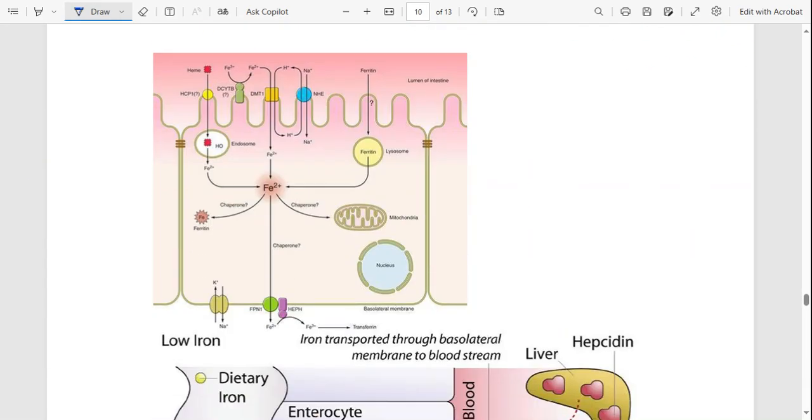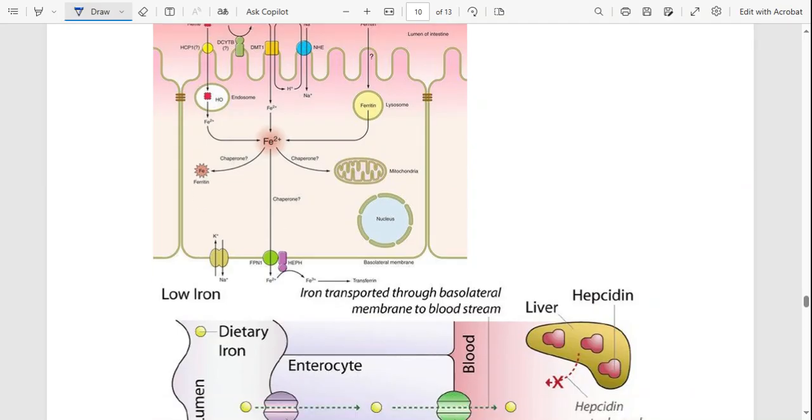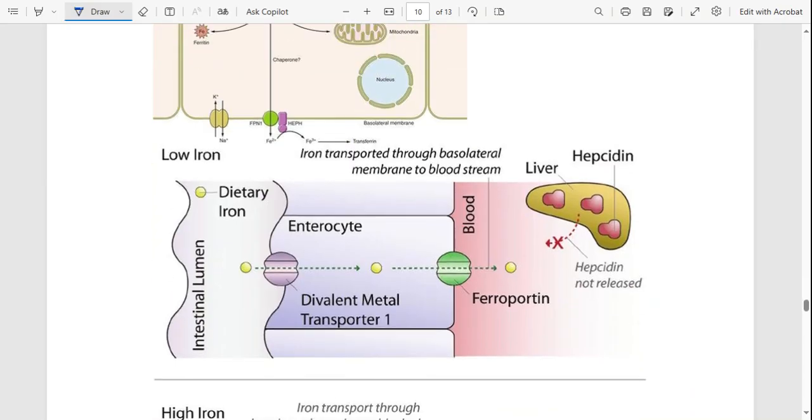Okay, let me see if that is showing. So you can see in this picture you have got this divalent metal transporter 1 that will allow the iron to move from the intestinal lumen into the cell.